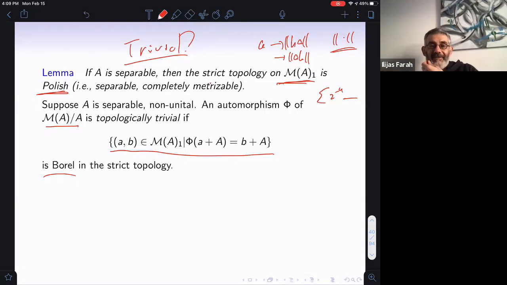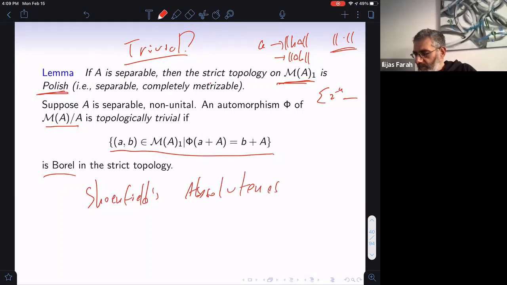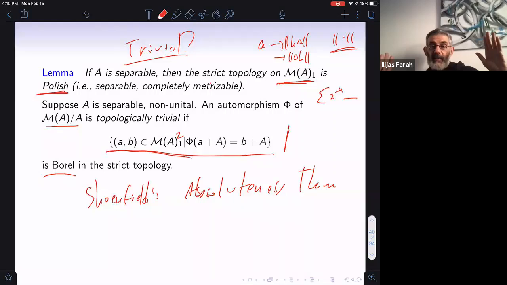So what is the point here? By a theorem called Shoenfield's absoluteness theorem, if you have a Borel subset of M(A) squared which is obtained like this from an automorphism of M(A) mod A, that property is absolute between transitive models of ZFC.